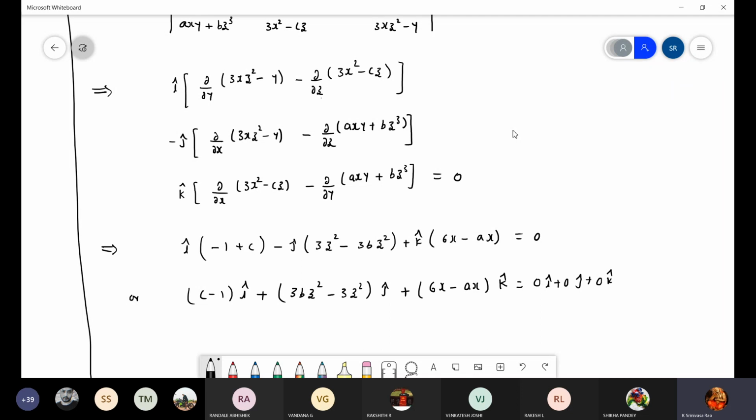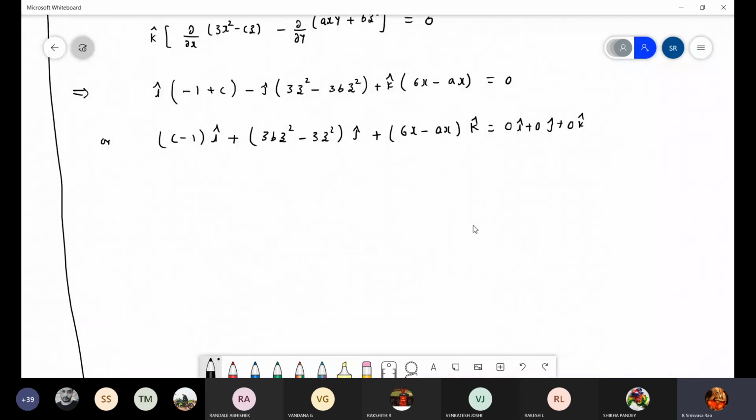So now we equate. This implies c minus 1 equal to 0, 3bz square minus 3z square equal to 0, and 6x minus ax equal to 0. Correct? So here c equals 1, easily we will get. Here you divide throughout by 3z square. Is it right?